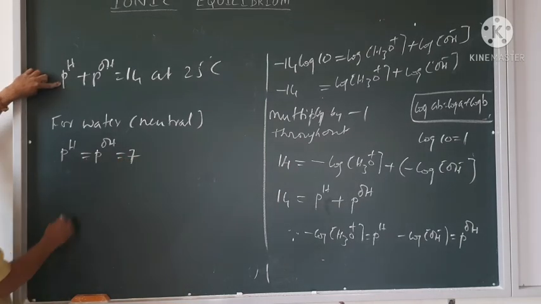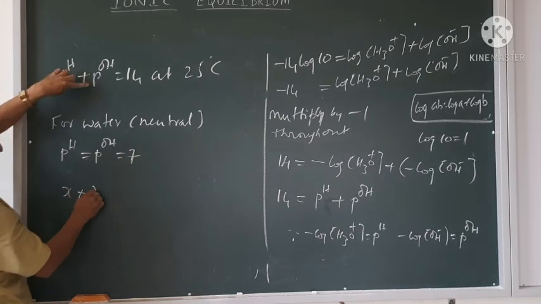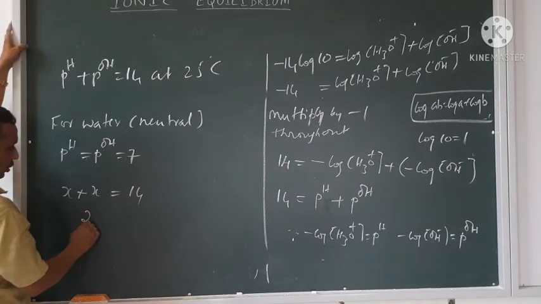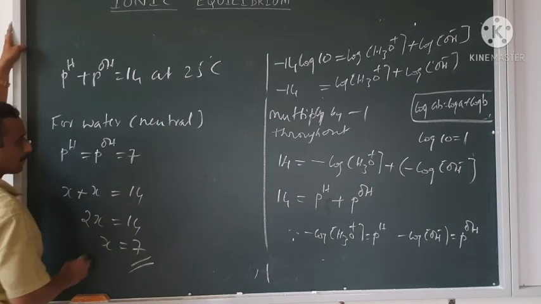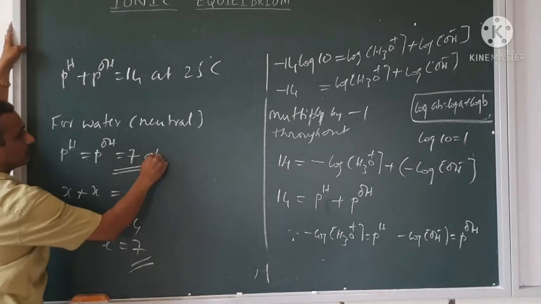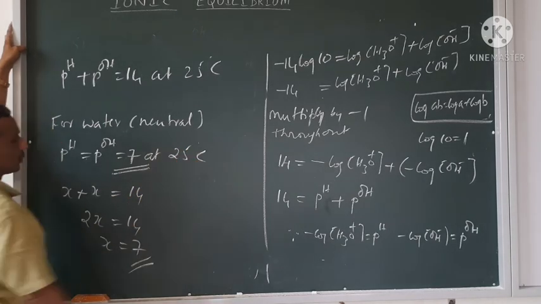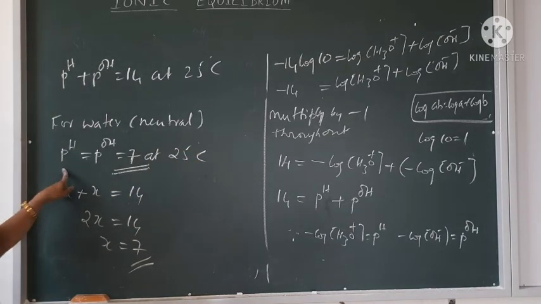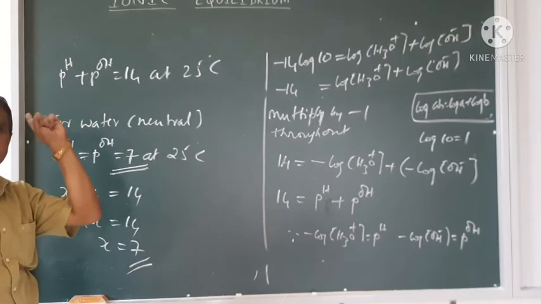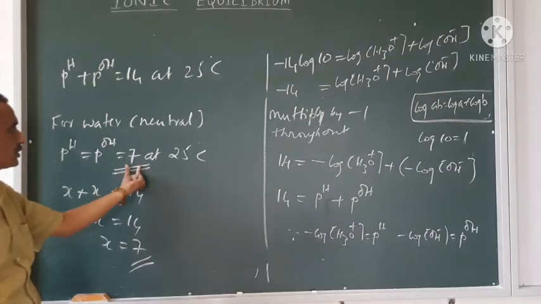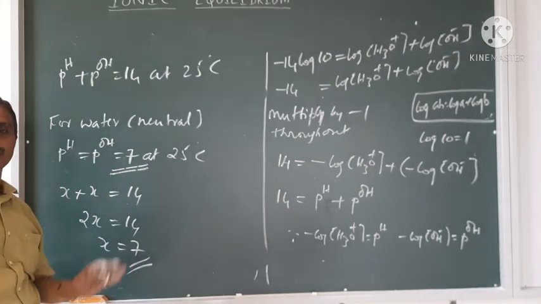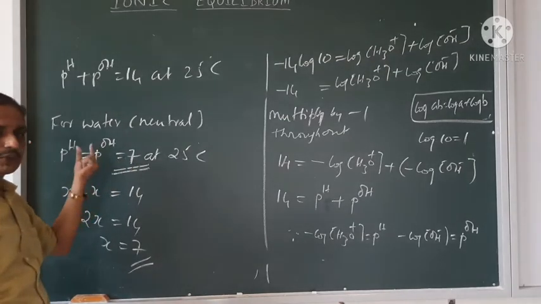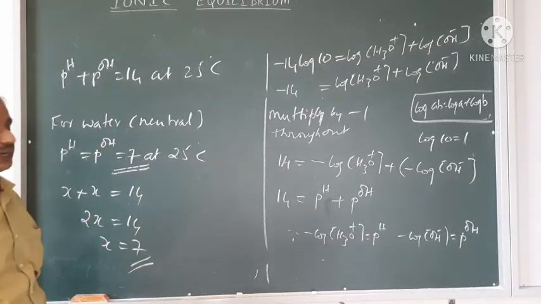Why? x plus x is equal to 14, 2x is equal to 14, or x equals 7. Note this. For neutral water, pH is equal to pOH and the value is 7 at 25 degrees Celsius. Or for a neutral solution, pH and pOH are 7 each at 25 degrees Celsius.